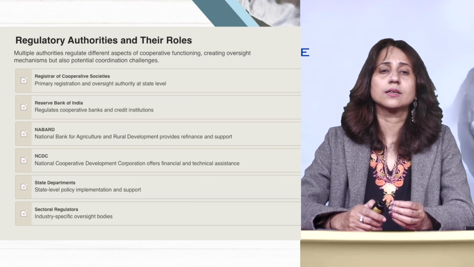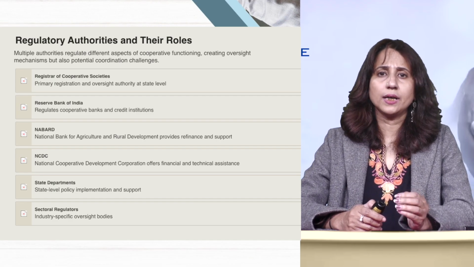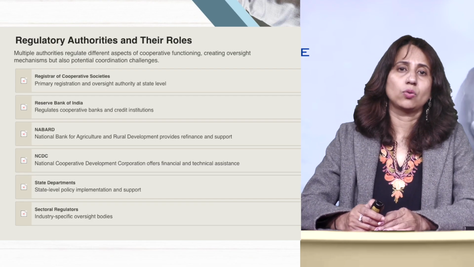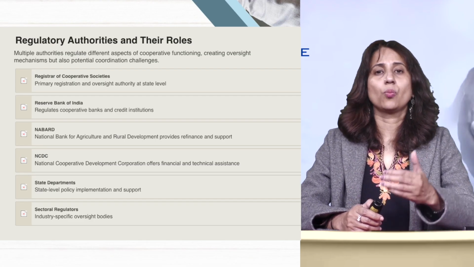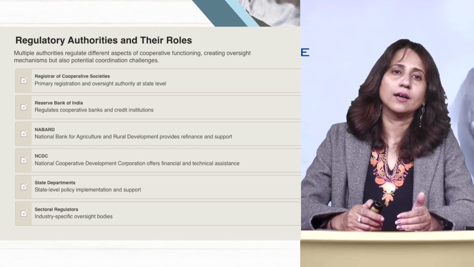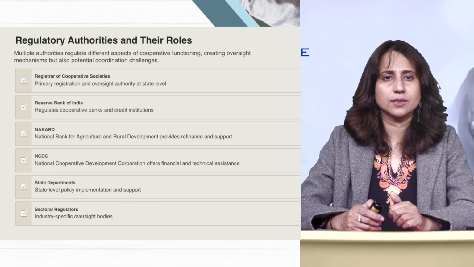Then there are the state departments of cooperation. The state governments maintain dedicated departments to promote and support cooperative development, implement cooperative policies, disburse subsidies and assistance, and coordinate between the cooperatives and other government agencies.